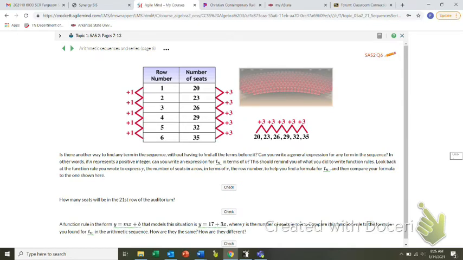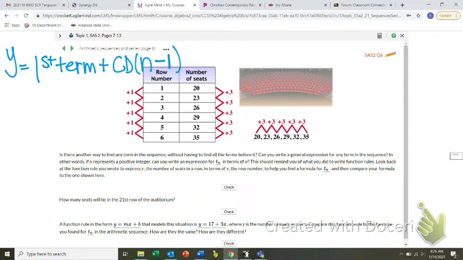All right, number 6 is just asking us to write that recursive definition to demonstrate this sequence. So remember what I said. Y equals the first term plus the common difference and n minus 1.